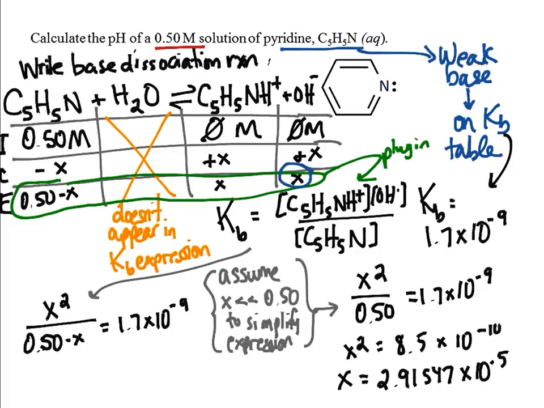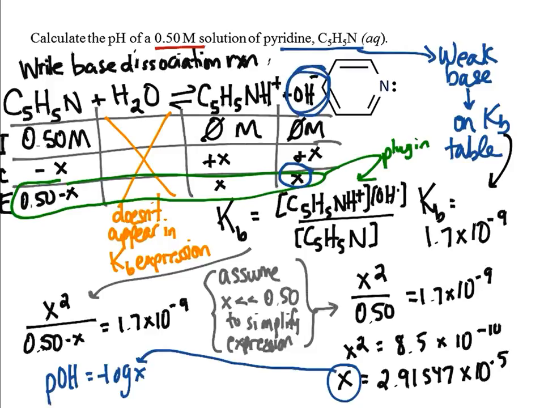So x is equal to 2.91547 times 10 to the minus 5 molar. That's the hydroxide ion concentration. So we're going to solve for pOH, which is the negative log of x. And that gives me 4.535. pH is 14 minus that number, which is 9.46.